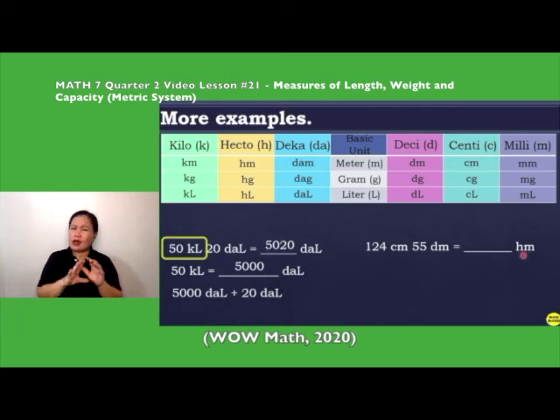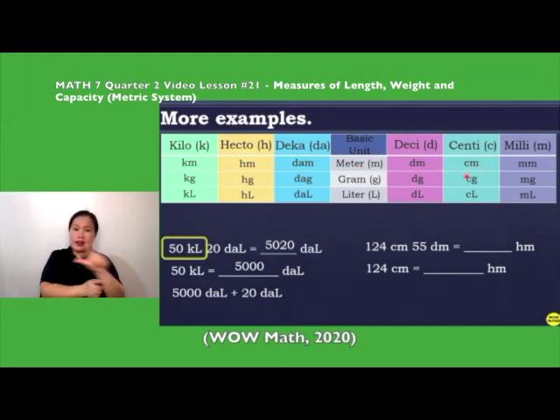Okay? Hectometers siya. So, paano natin gagawin? Iiba ang unit. So, paano gagawin? So, i-convert muna natin si 124 centimeters. So, ito si centimeters. Isa-isa to. So, ito muna and then ito next. So, convert natin centimeters to hectometers. Ayan. So, from here, 1, 2, 3, 4.